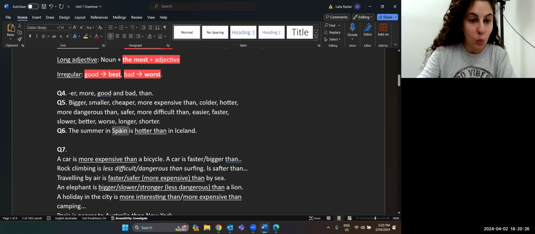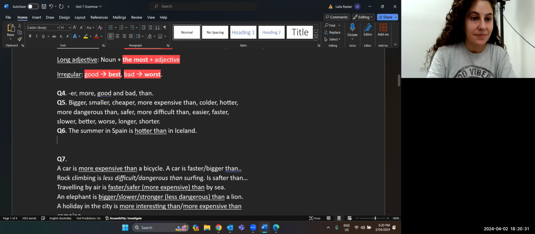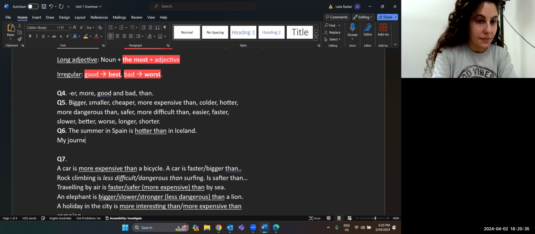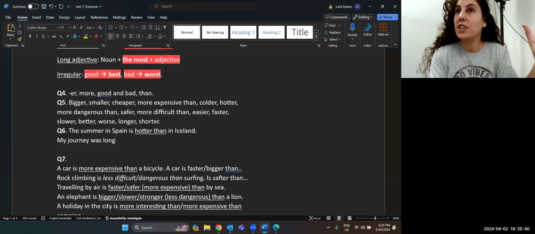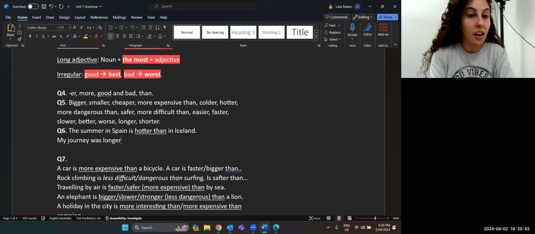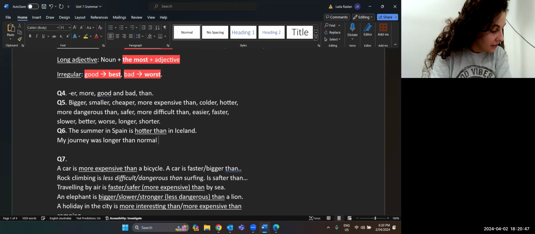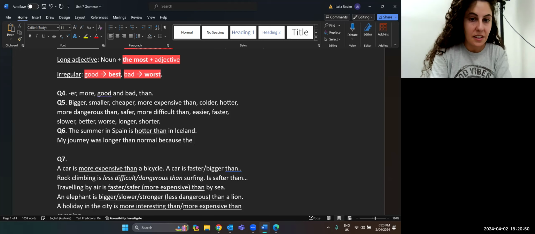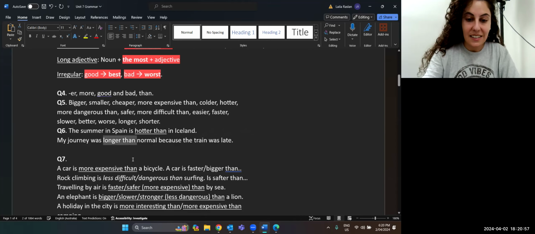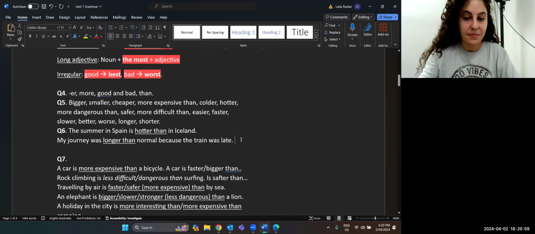I'm comparing one noun, Spain, to another noun, Iceland. My journey was, now long is when I talk about one noun, but longer than. It was longer than normal because the train was late. So longer than, short adjective.